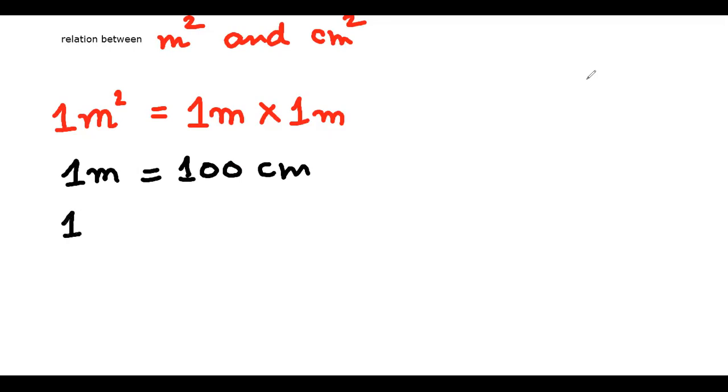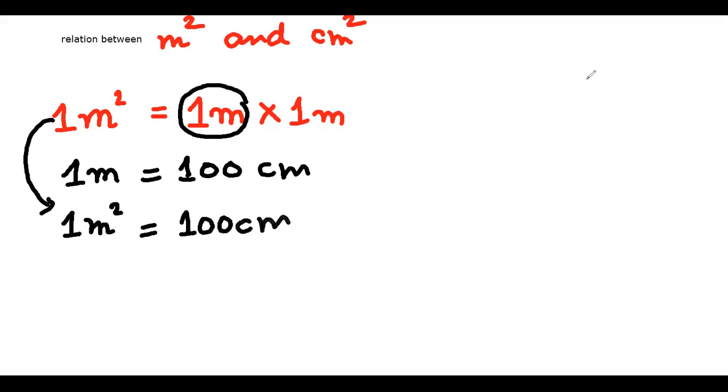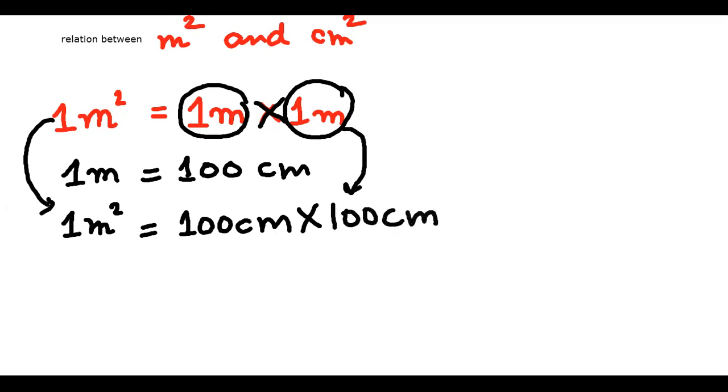So 1 meter square will be equal to, instead of 1 meter, we will write 100 centimeter, then a sign of multiply, again 1 meter, which becomes 100 centimeter. So 100 multiplied by 100.